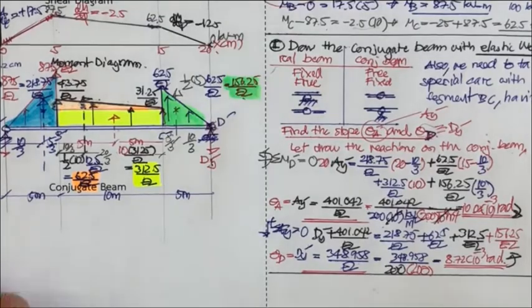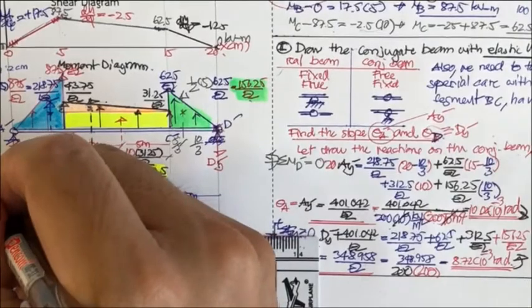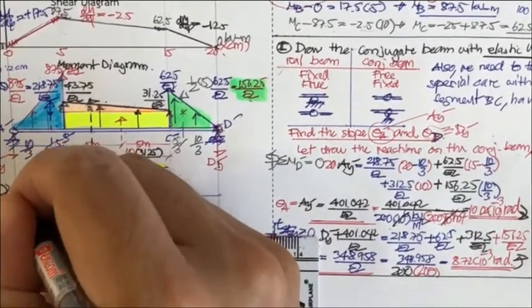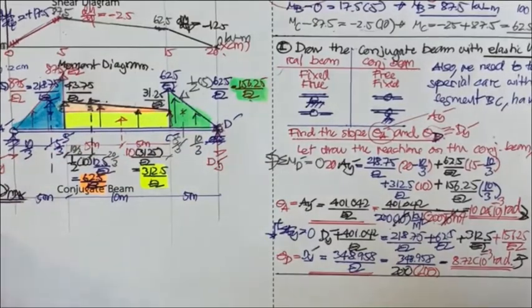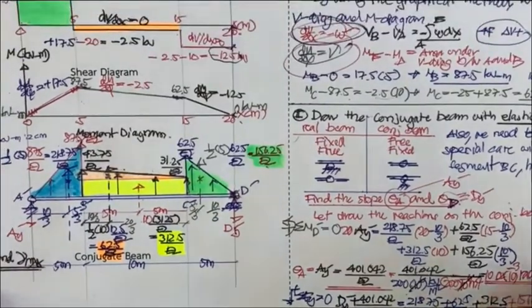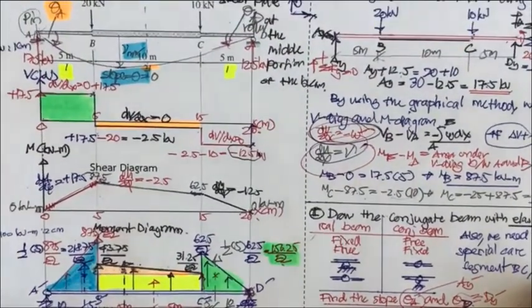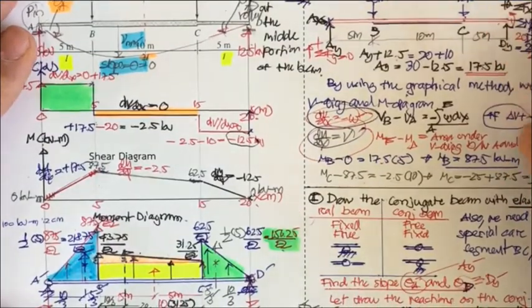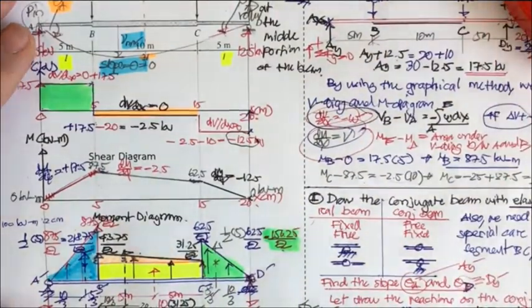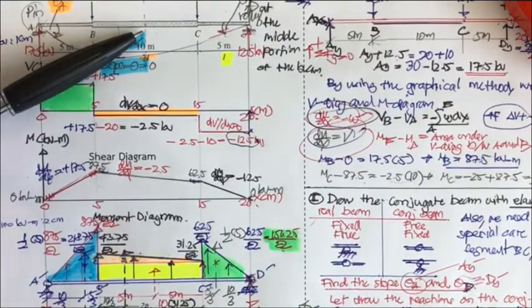Next, we're going to find V max, the maximum deflection. Okay, let me move here a little bit and do some explanation. As you may know, the maximum deflection is going to occur about here, between B and the midspan of the beam.